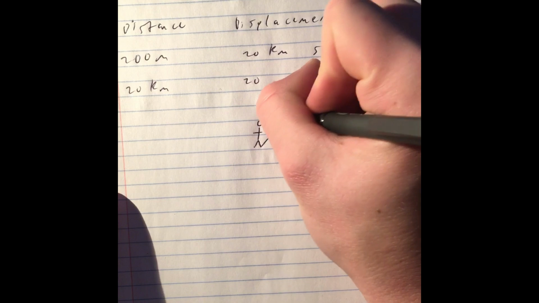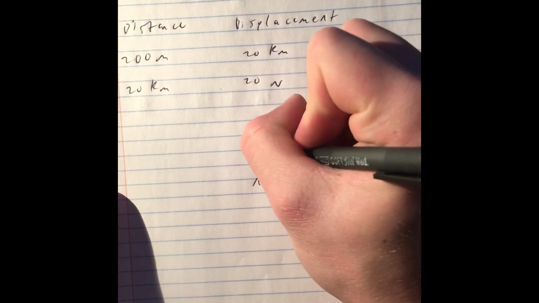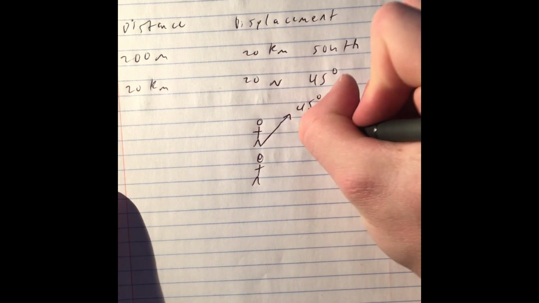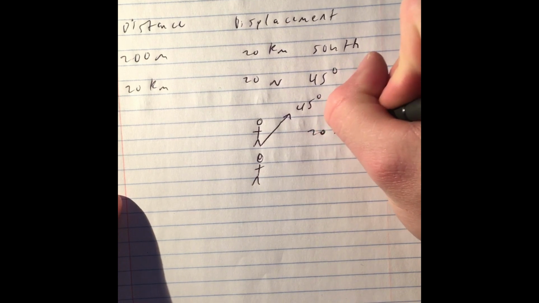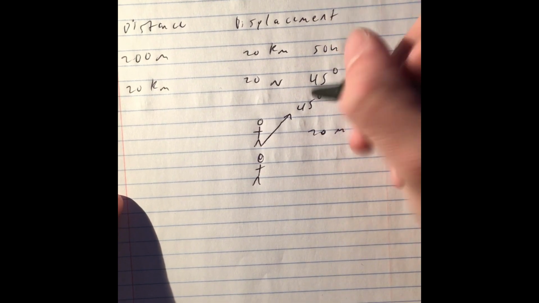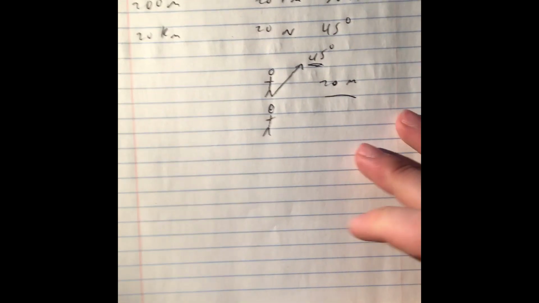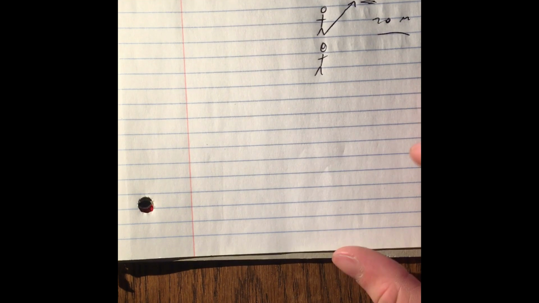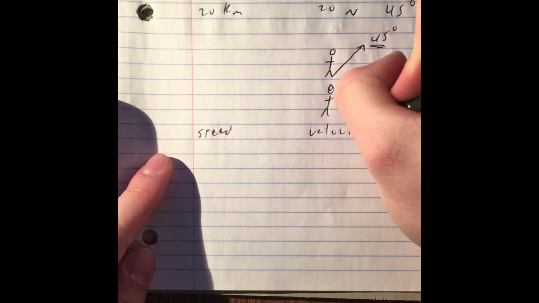Maybe he walks at a 45-degree angle relative to some onlooker behind him, and then he walks 20 feet, or this is AP, so meters. He walks 20 meters at a 45-degree angle. So you have both your distance and you have your direction. And then this leads us into the difference between speed and velocity.